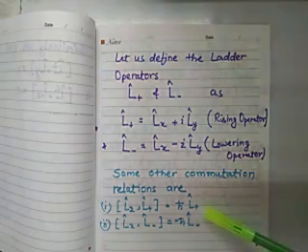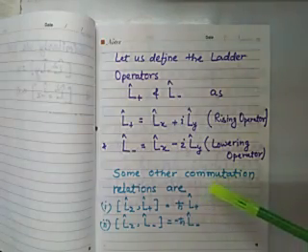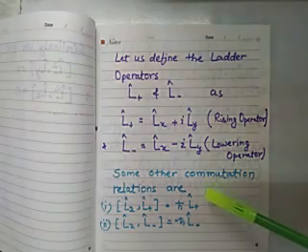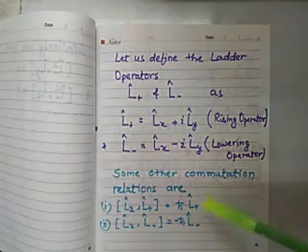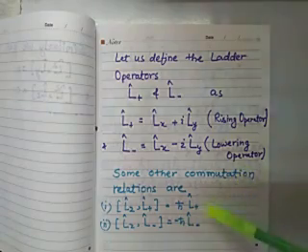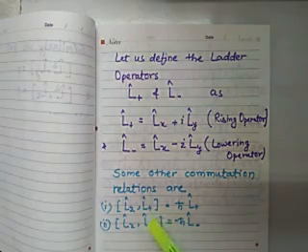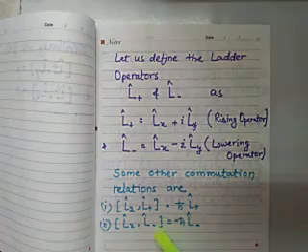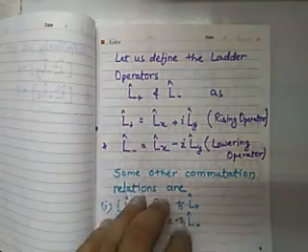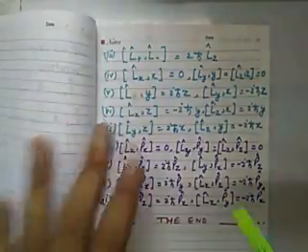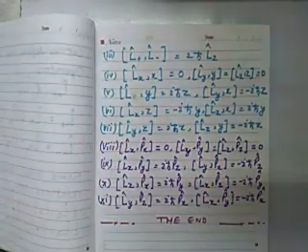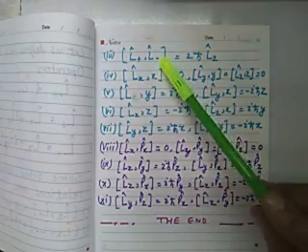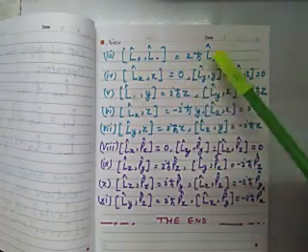We are not deriving them, just for our knowledge, we see the different commutation relations. The first is [Lz, L plus], which gives us ħ L plus, and [Lz, L minus] is equal to minus ħ L minus. Similarly, [L plus, L minus] gives us 2ħ Lz.